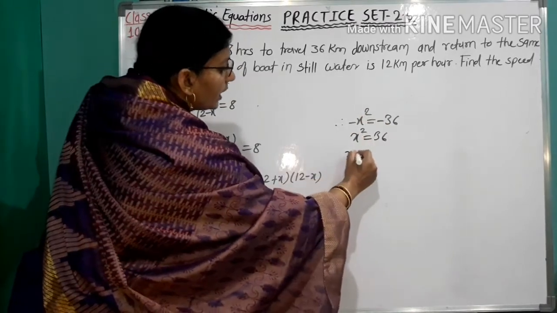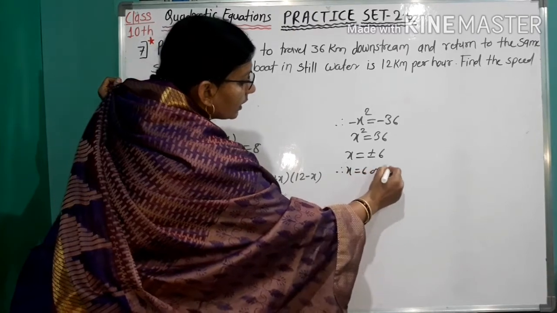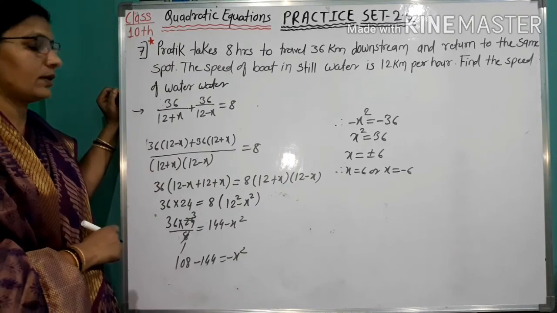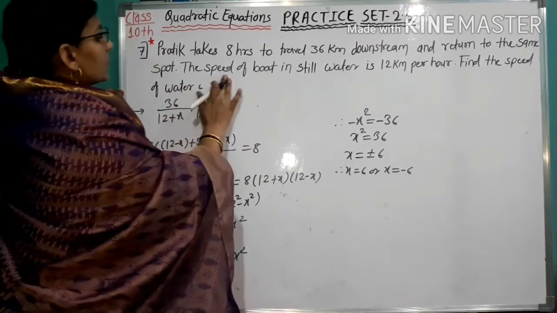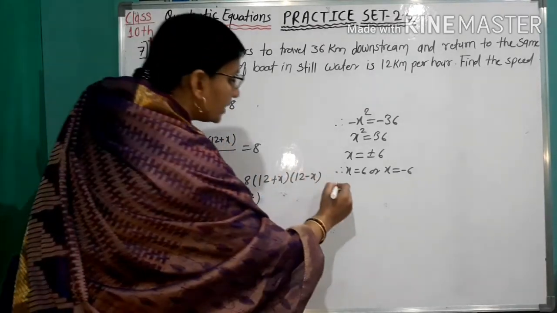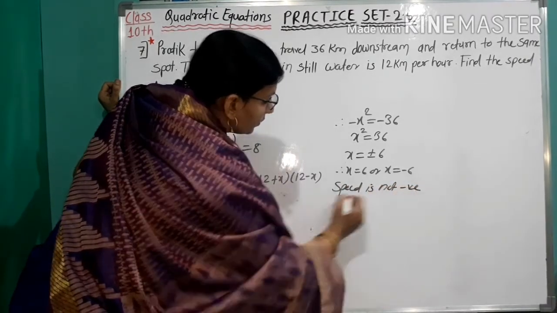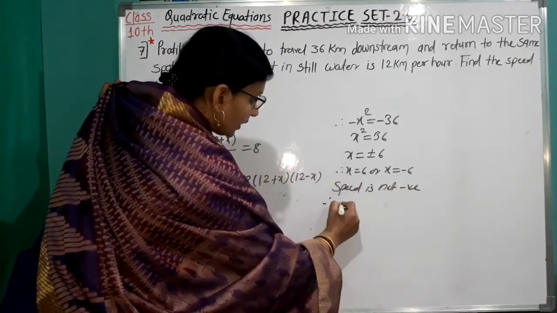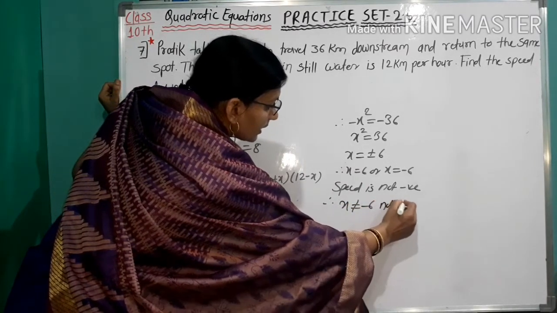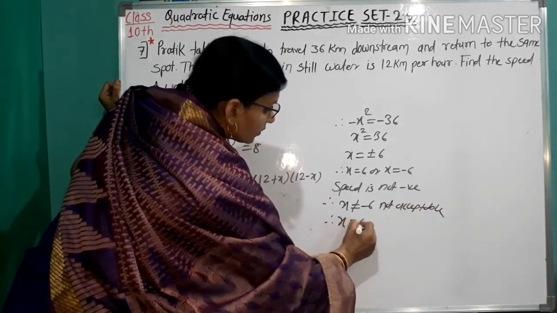Taking square root, x equal to plus or minus 6, means x equal to 6 or x equal to minus 6. X is the speed of water current, but speed is not negative. Therefore, x equal to minus 6 is not acceptable. Therefore, x equal to 6.